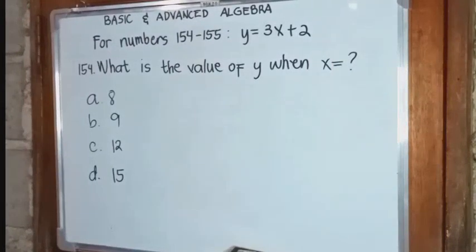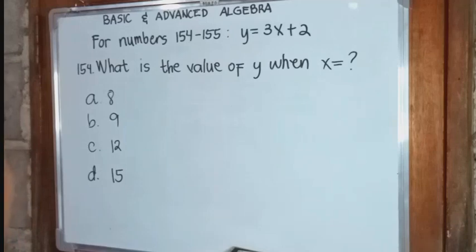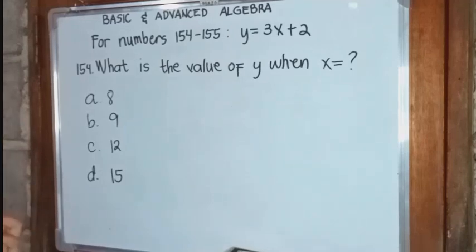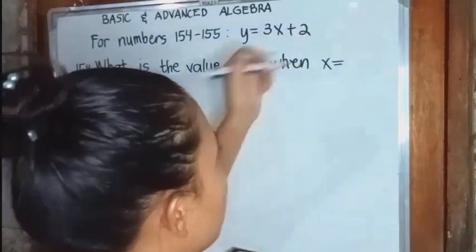For numbers 154 to 155, given y is equal to 3x plus 2, for item number 154, what is the value of y when x is equal to 2?